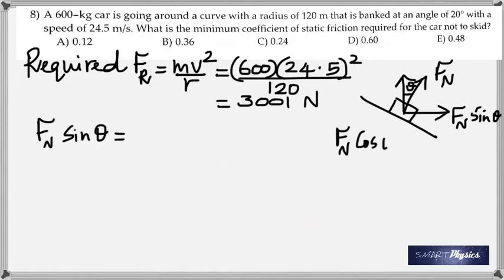and Fn cos theta is equal to mg. We know that this is Fn cos theta, and that should be exactly equal to the weight. So Fn cos theta equals mg. We can use that to calculate Fn.